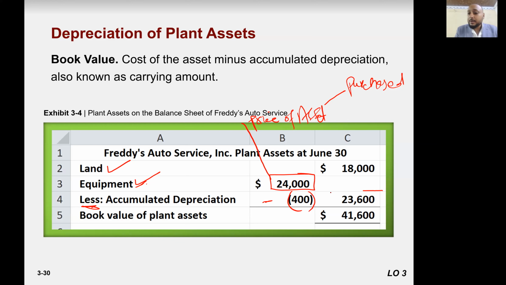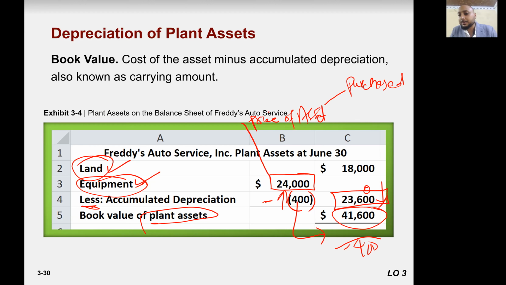So total book value is going to be less depreciation. So from time to time, this is decreasing and this is increasing until it becomes zero. When zero, it means you have used this asset completely. All right. So the book value of plant assets is going to be the total. Land is our asset, equipment is our asset minus the depreciation. So 400 is less from here, this less. So that's why it is 441,600.